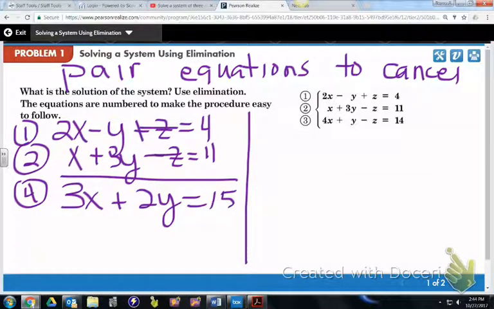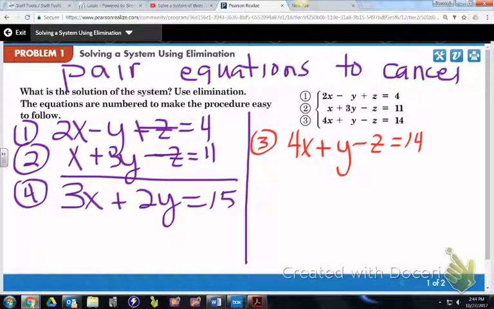Next, I'm going to take equation 3, 4x plus y minus z equals 14, and pair that with equation 2. Now, in order to make the z's cancel, we need to cancel the same variable we did in the first set.